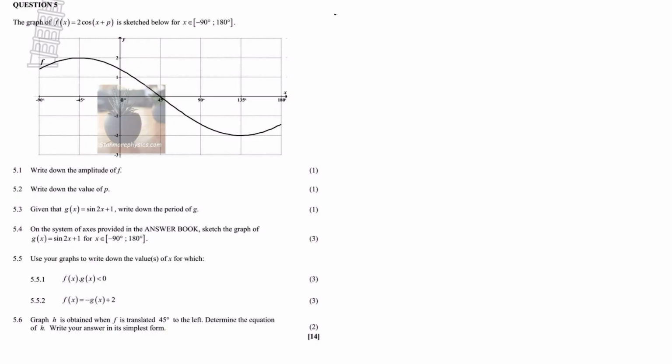To calculate the amplitude of a graph, we say the maximum minus the minimum divided by 2, and that's going to be my amplitude.